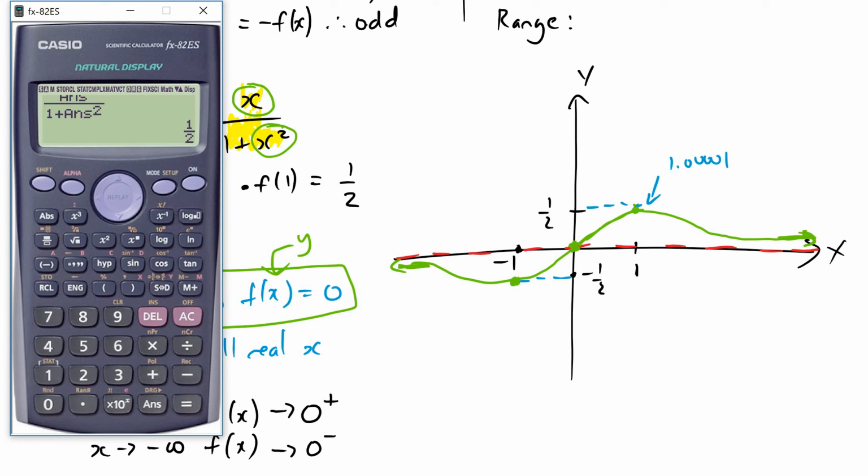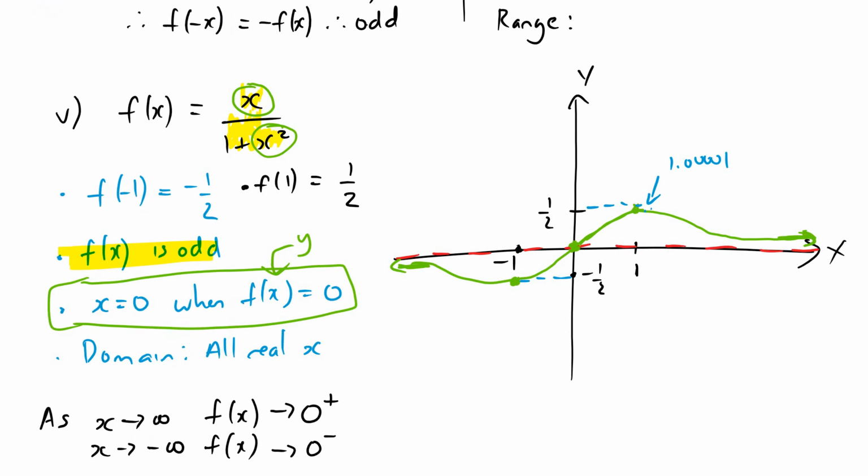Oh, it is a half. Okay, so maybe I've put too many zeros. So let me put less zeros. Maybe this one. There we go. 0.49999, which is just under a half.